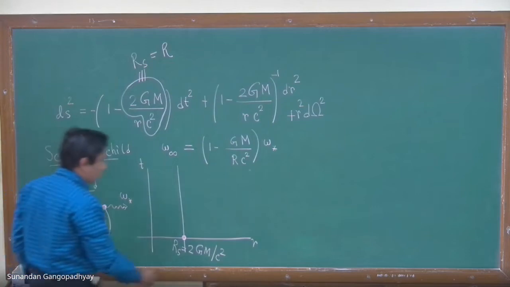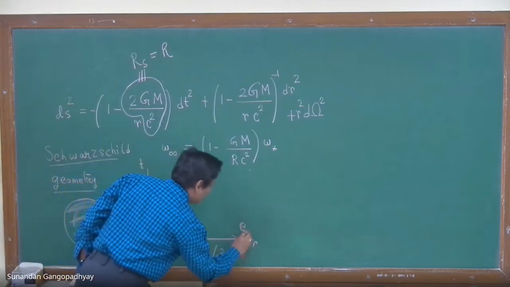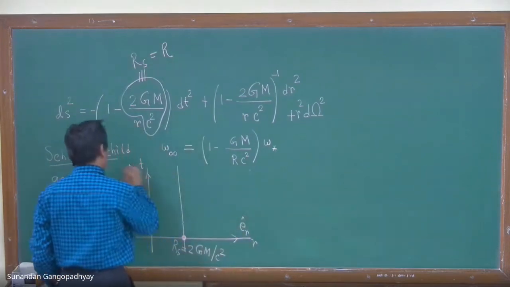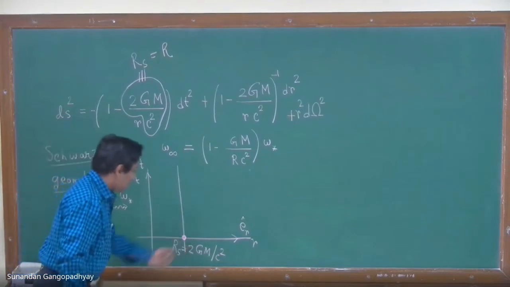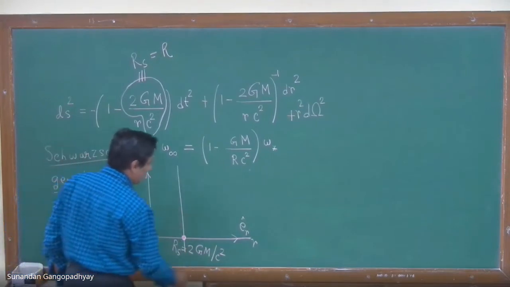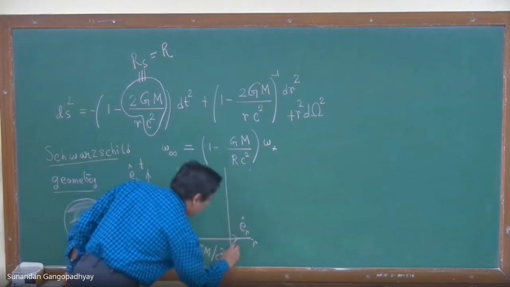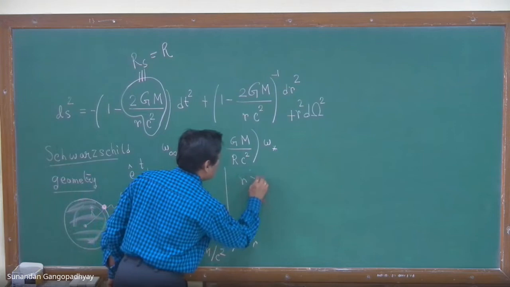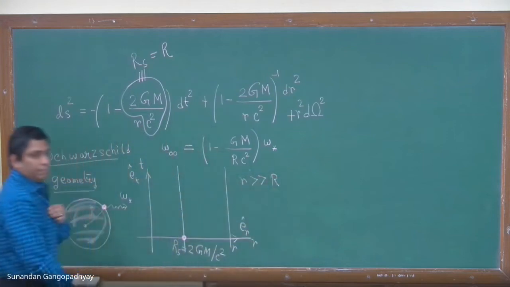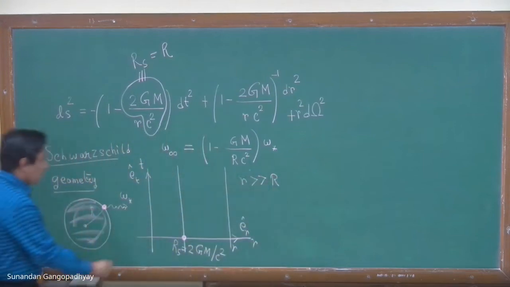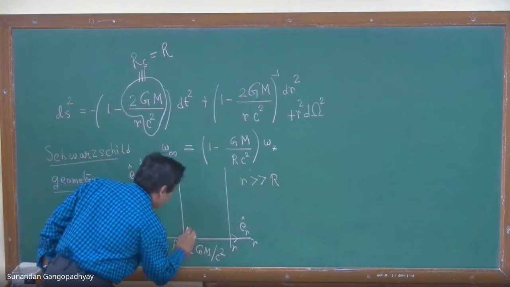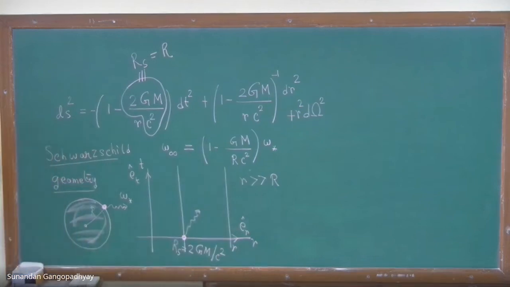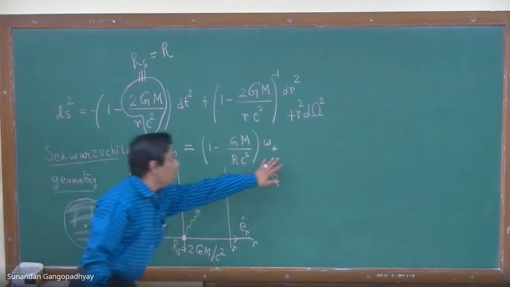So this direction is r, and there is some stationary observer here, and a light signal is being emitted and received at some arbitrary radius small r, and small r is much greater than capital R. This light signal is being emitted not necessarily in the radial direction, but in any arbitrary direction, with frequency omega star.